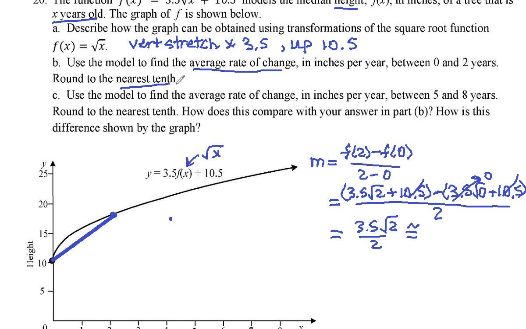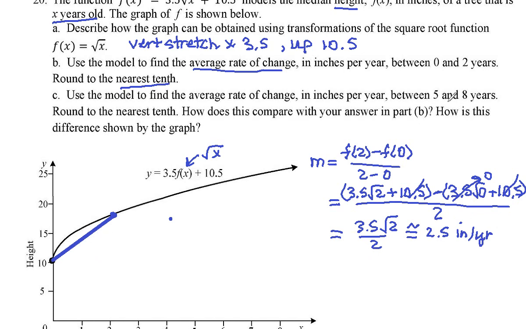So I rounded that to the nearest 10th, and I got 2.5. Just 2.5 inches per year. So over this time period, the tree is growing 2.5 inches per year.